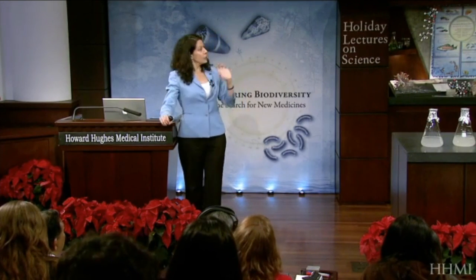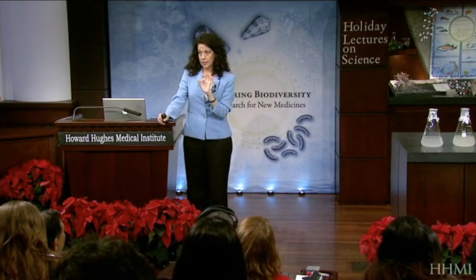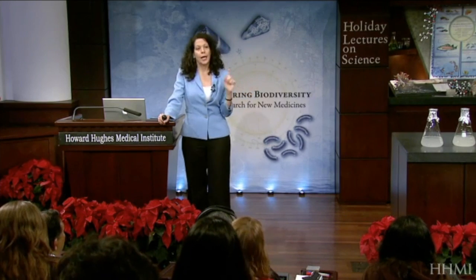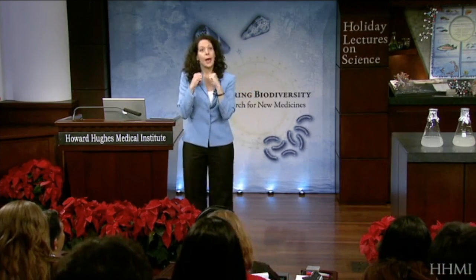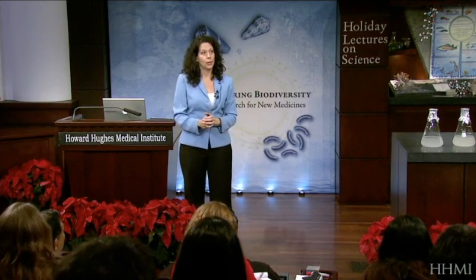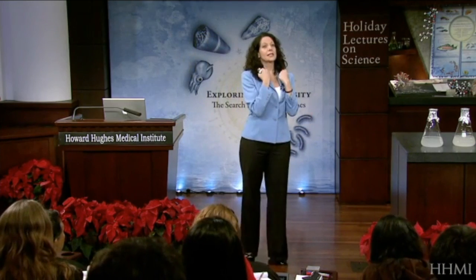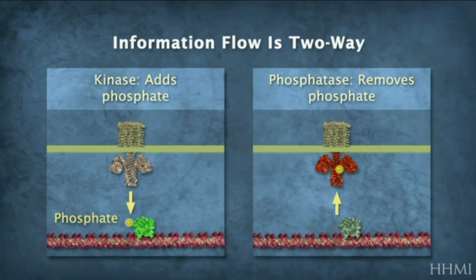So the receptors can be kinases or phosphatases. Kinase means put a phosphate on someone. Phosphatase means steal a phosphate from someone. So if you look at the left side, when the receptor is a kinase, it's going to take phosphate, which we have as that yellow circle, and put it on a protein, in this case, that's bound to the DNA, and then that protein can go turn on or off genes that the bacteria needs.